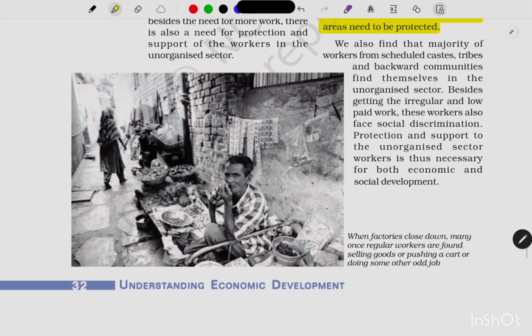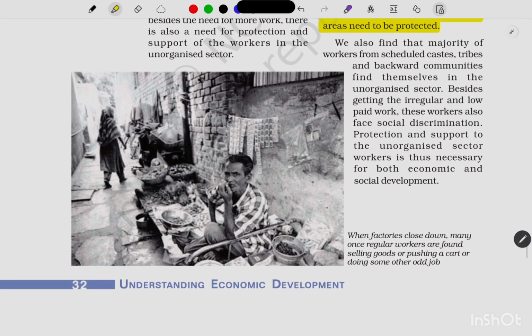We also find that the majority of workers from the scheduled castes, tribes and backward communities find themselves in the unorganized sector. Besides getting irregular and low paying work, these workers also face social discrimination.